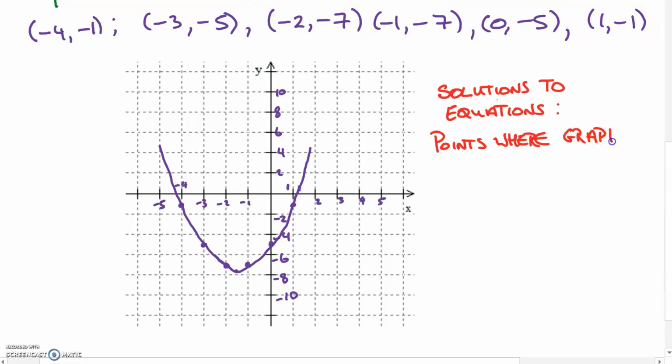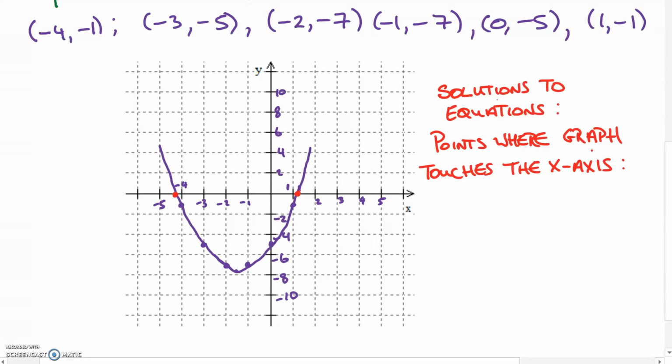Even touches the x-axis is probably a better way to say it. Okay, and that's going to be here and here.